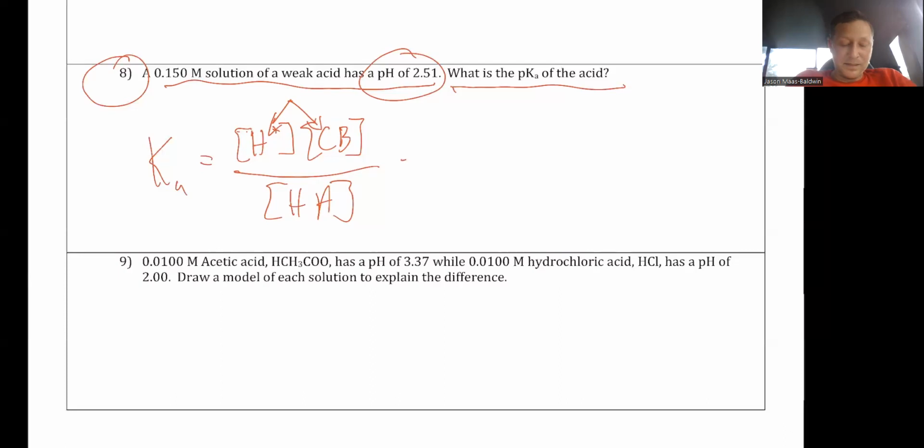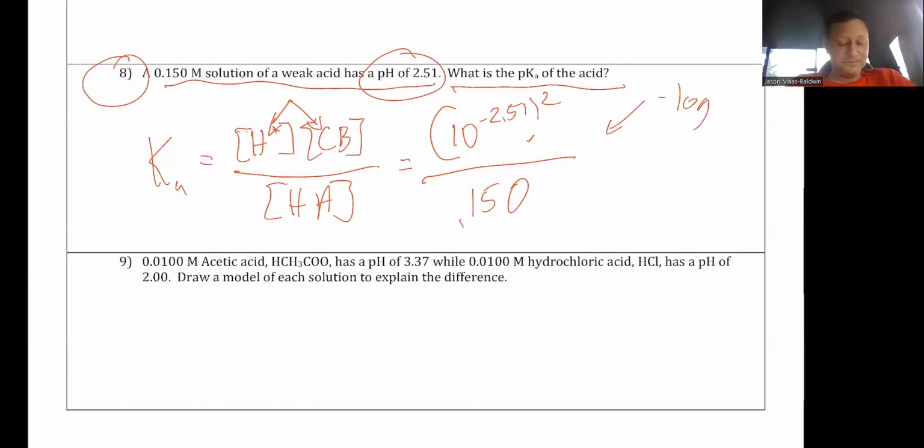So we would just say Ka equals 10 to the minus 2.51, squared, over 0.150. And that'll give us the Ka. And then if we just take the negative log of that, that will give us the pKa.